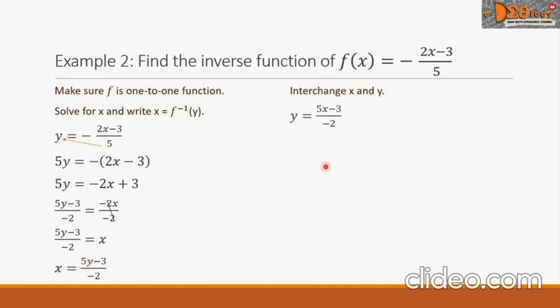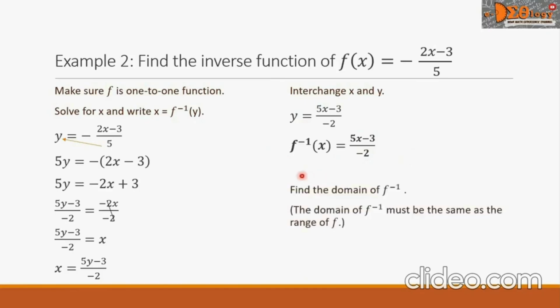So the new function here is y equals 5x minus 3 all over negative 2. We will now change this y into function notation, but this time it will be the inverse function: f inverse of x equals 5x minus 3 all over negative 2. And this is the inverse function that we are looking for.